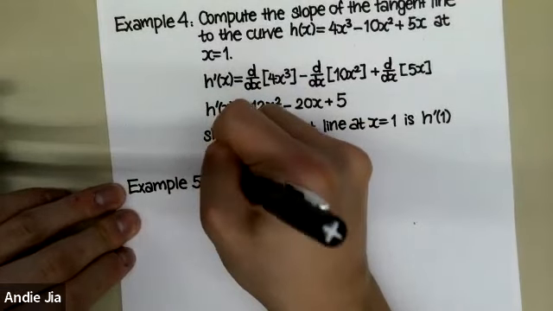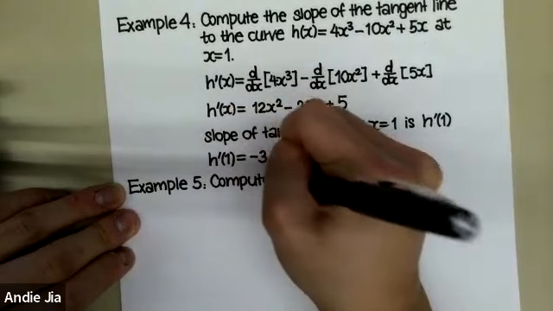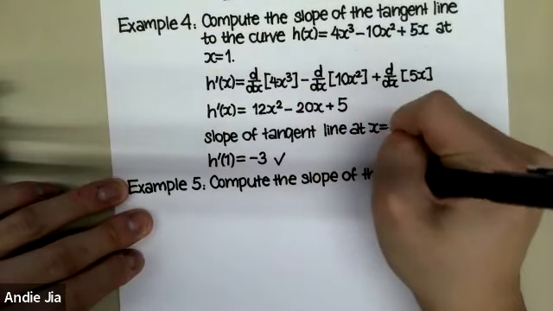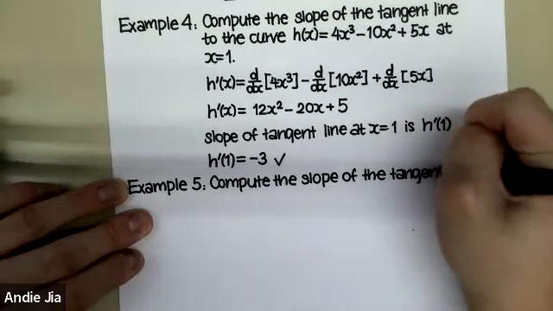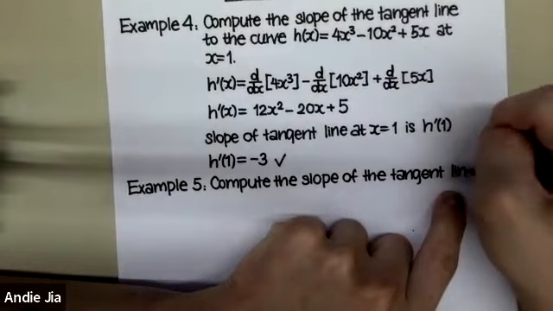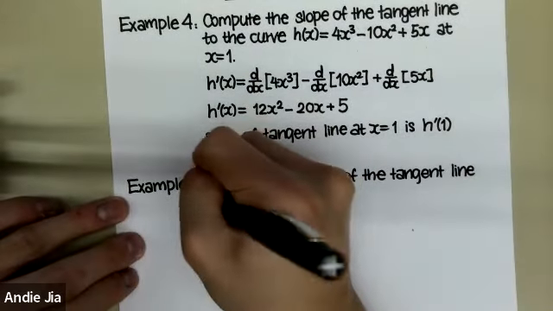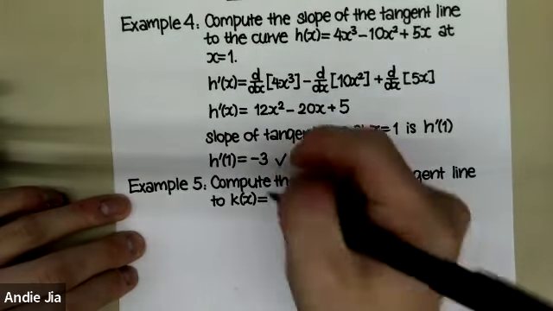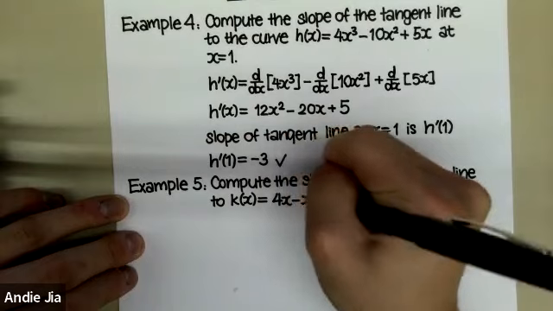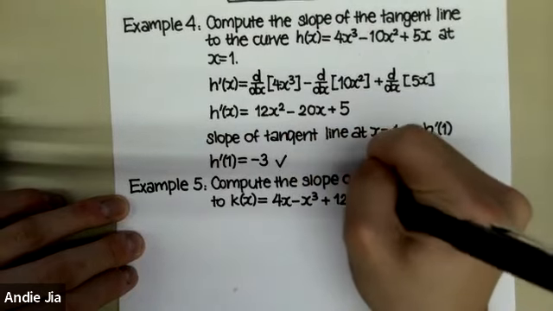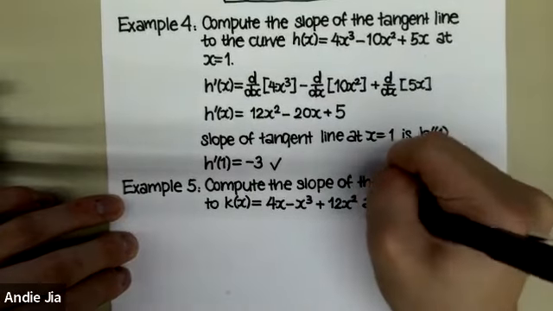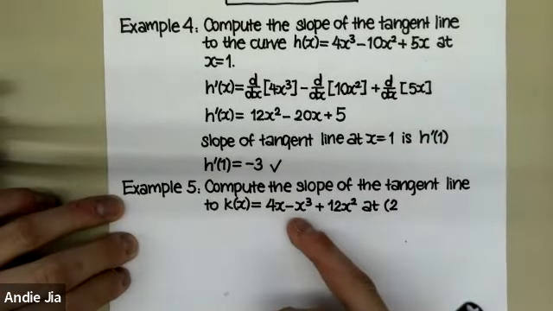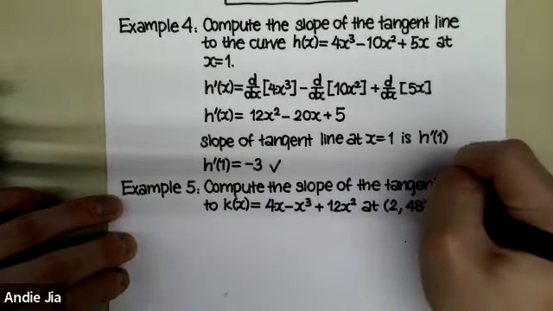Compute the slope of the tangent line to k of x equal to 4x minus x cubed plus 12x squared at the point (2, 48), since 8 minus 8 is 0 plus 48.